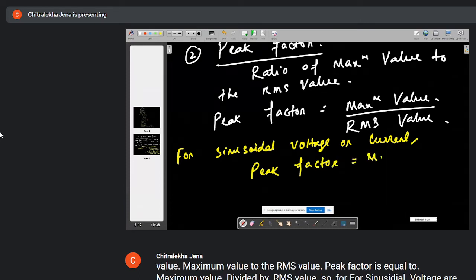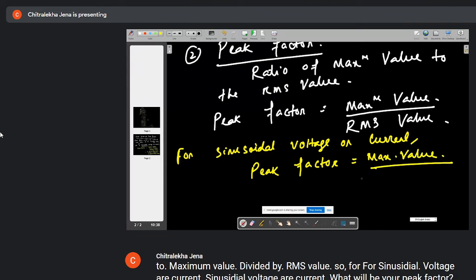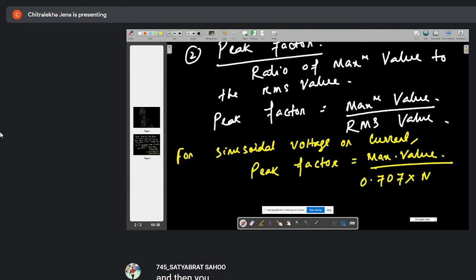Maximum value divided by how much? RMS value is equal to 0.707 into maximum value. So 1 by 0.707 will be equal to 1.414. This is the peak factor.